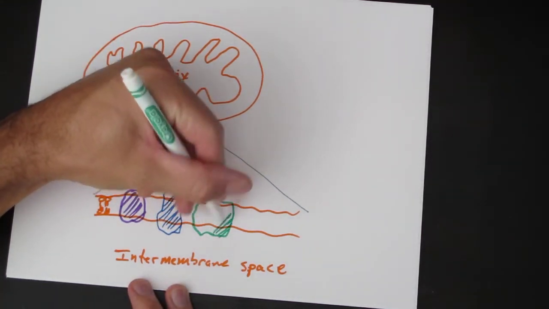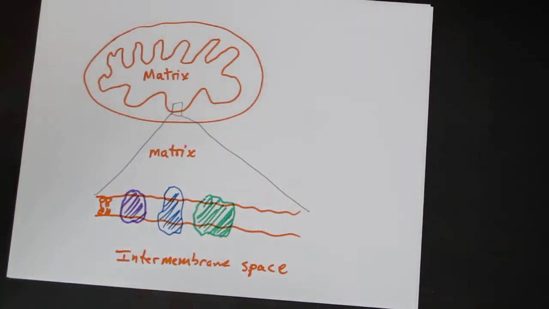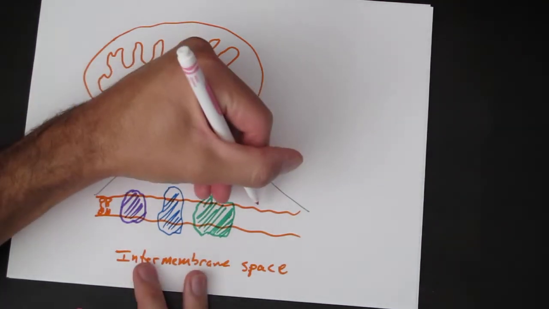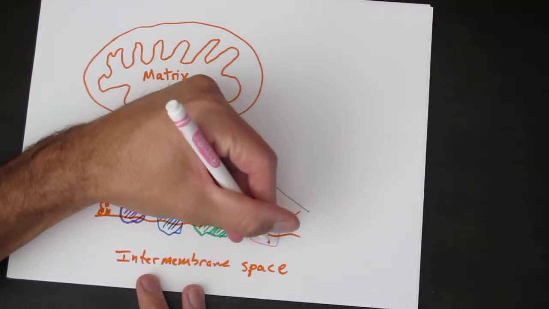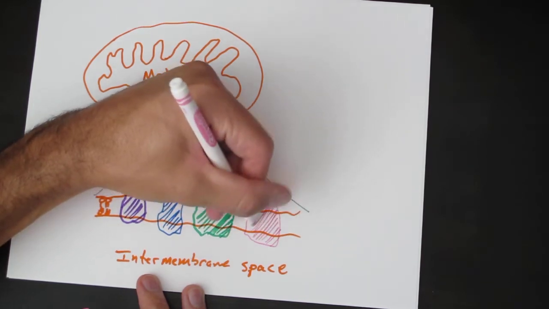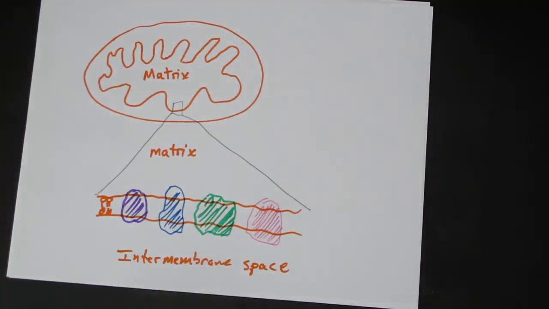They're embedded on the membrane. You can see that they do span the entire membrane. They're found on both sides. Let me draw my last one here. So these are the enzymes that are found on the inner membrane of the mitochondria. There aren't just 4 of them. Remember that there are hundreds or even thousands of all of these enzymes, but there are 4 separate ones that we're looking at.